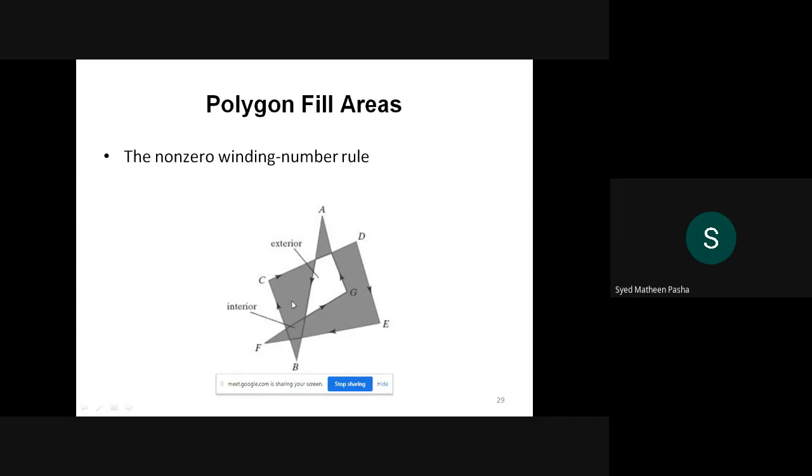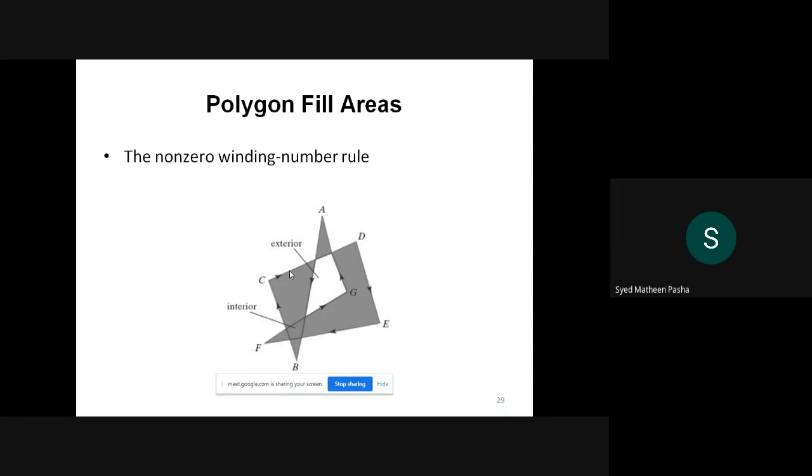Once we draw a line with respect to that object, we'll add 1 to the winding number every time we see an intersection of points. As I told, the initialization of winding number is 0.